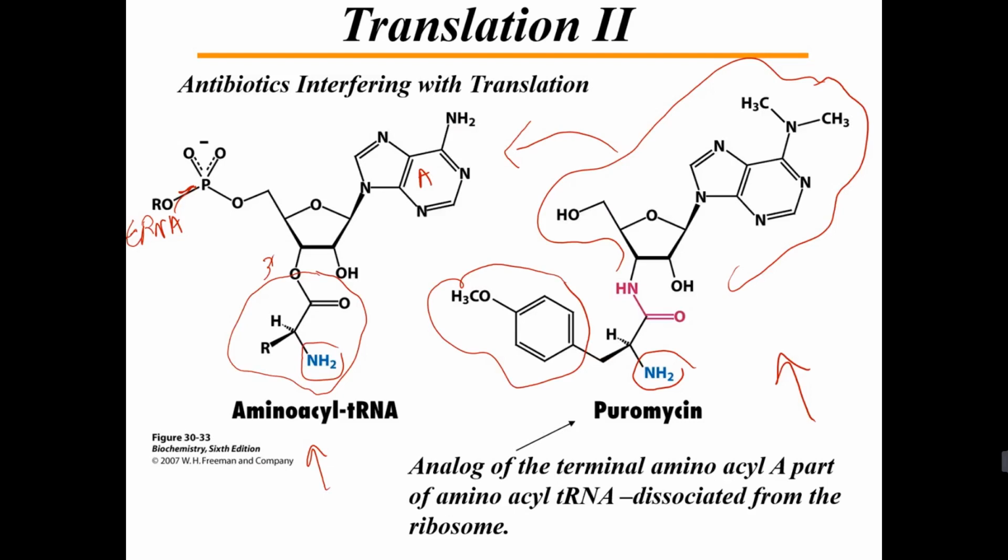And we can get peptidyl transferase activity because of this, but then because of this amide linkage that we see here, we actually cause cessation of protein translation in not only prokaryotic cells, but also eukaryotic cells.